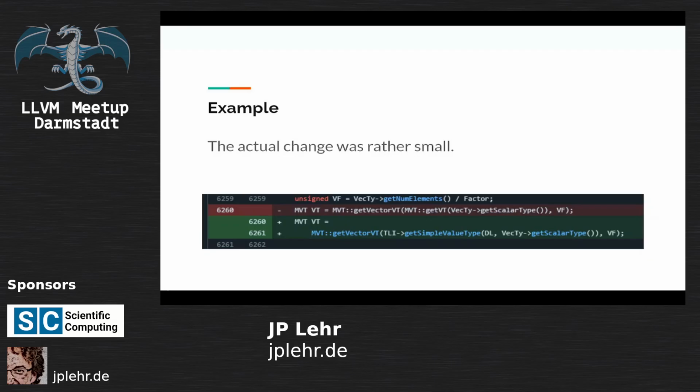So they are different depending on the data layout. This is why you should query the target layout information for the simple value type with a data layout for that particular scalar type. And so that was the fix.